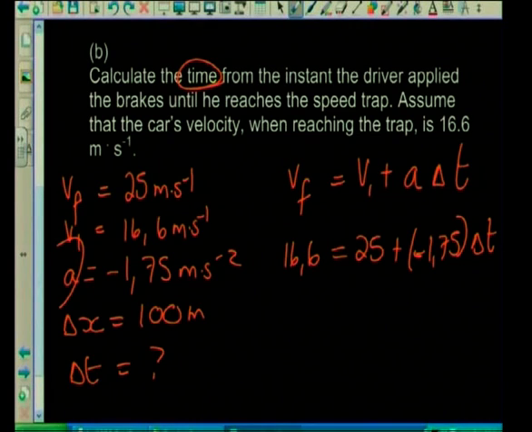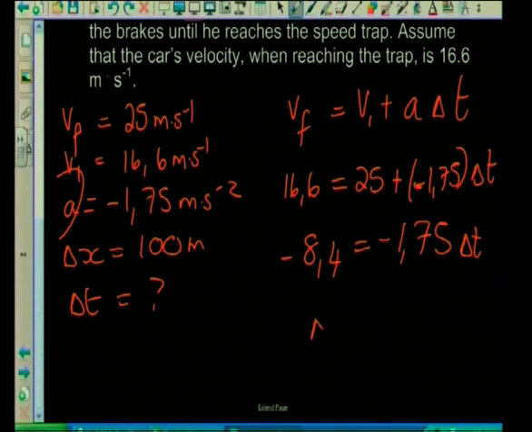We're going to take the 25 over, so we get minus 8,4 equal to minus 1,75 delta T. We divide by minus 1,75 on both sides, and we get 4,8 seconds. Now I know I'm right because I've got a positive answer. If you'd left the negative out for your acceleration, you would have got negative time. That means he's going backwards in time, which I'm sure he would like, so he doesn't get his fine.